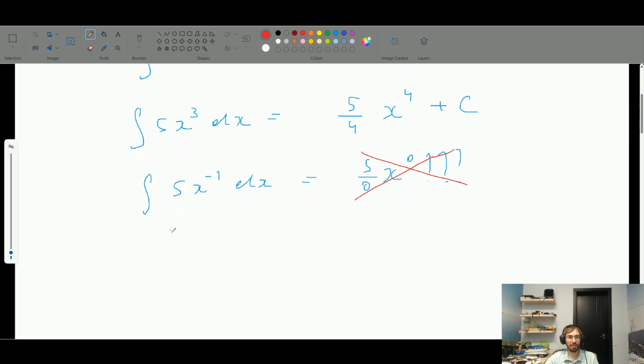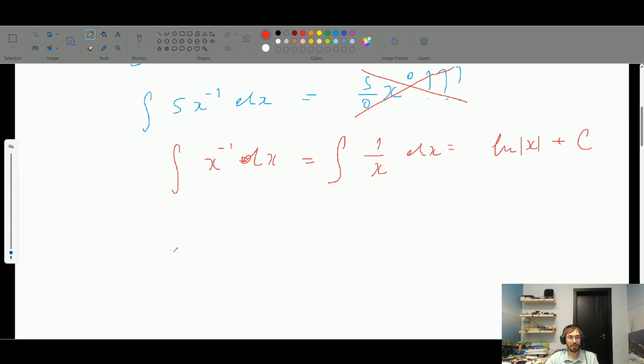Overall, and you must learn it, the integral of x power minus 1 dx, of course, is the same as integral of 1 over x dx, and it will be ln, natural logarithm, of x plus c. Sometimes people add modulus here. So ln modulus x plus c.